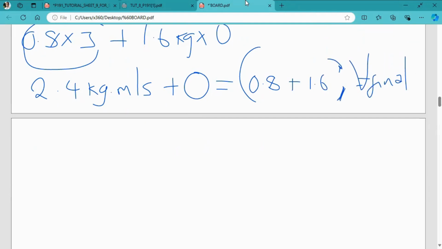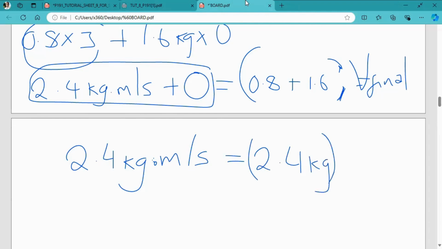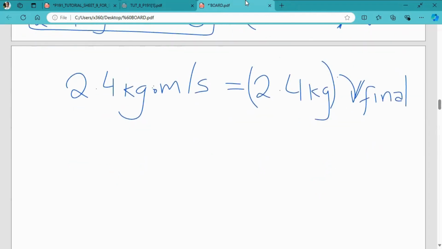So if we add these on the left hand side, we're going to have 2.4 kg meter per second being equal to 0.8 plus 1.6. This is also going to give us 2.4 kilograms, and these kilograms are being multiplied by V final.